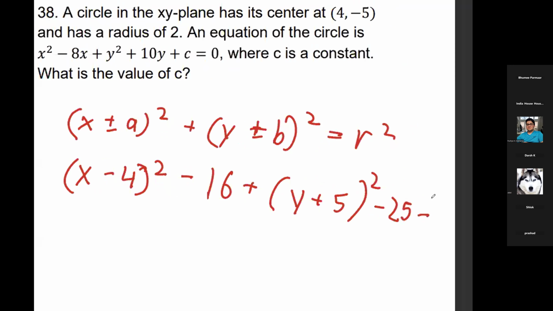And then we still have the plus c equals 0 to get it to convert from this formula into the circle formula.